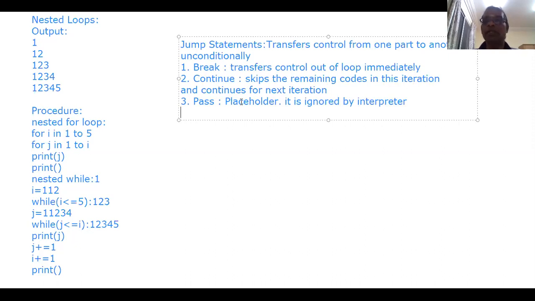But our need is one block or one function whose coding should be written in the future, not now. Python does not allow an empty block or empty function, that is, without statements. It gives an error. In this case, instead of an empty block of statements, we can place one command called pass. It is a placeholder. It is simply ignored by the interpreter and does not show any error.